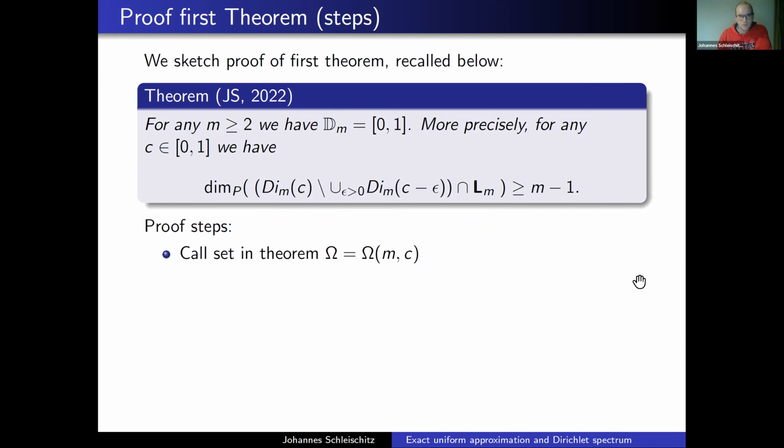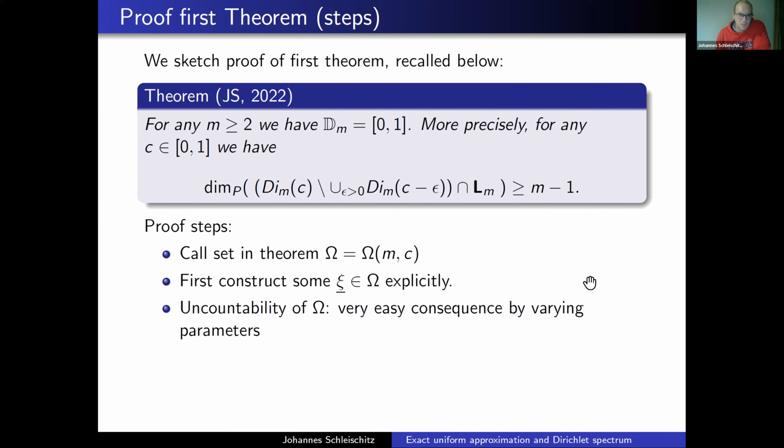Call this set within DIMP, let's call it omega. The first idea I had was to construct some number, and much later I saw that in fact some metrical claims can be stated too. So the first thing is to construct just one number, or uncountably many, which is then not too hard.